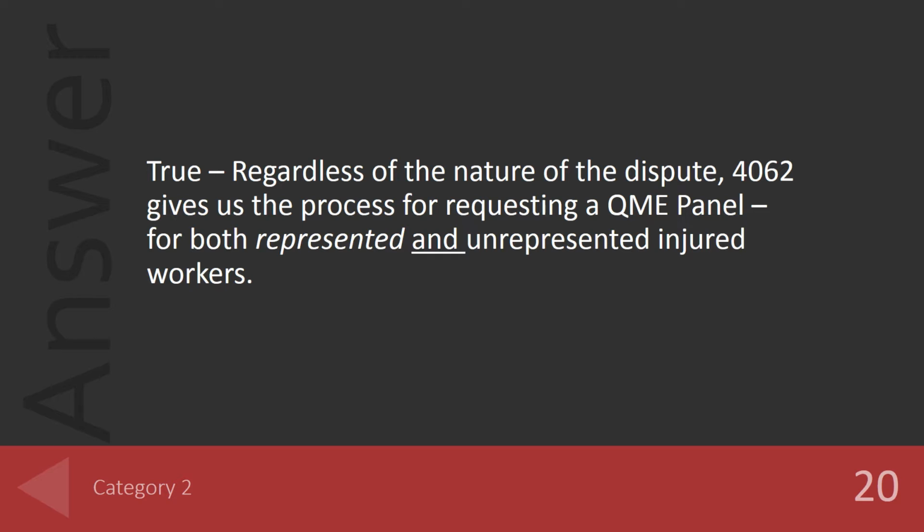So Labor Code 4062 is going to be a critical code to understand because we're always going to jump into it regardless of the dispute, to give us the process for requesting QME panels for unrepresented and represented injured workers. And that applies even to disputes under Labor Code 4061, which is our current concern.